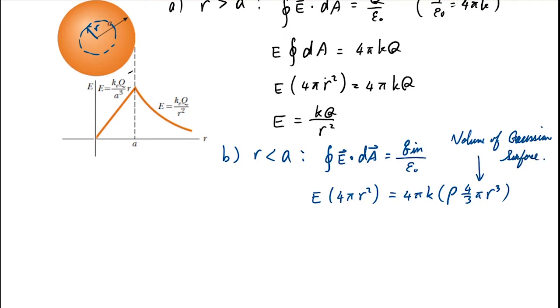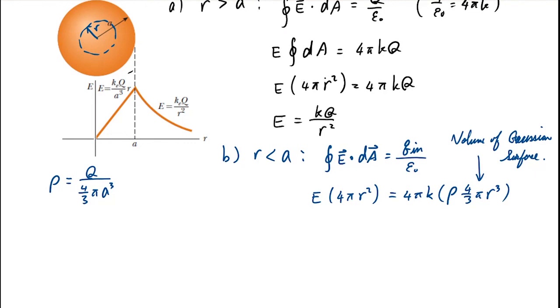Which means we have to calculate what rho is. That's the total charge divided by total volume. Our radius of that thing is a, isn't it? Good.